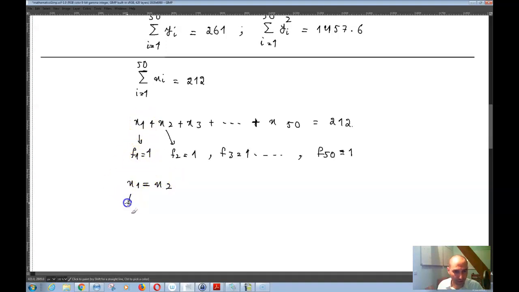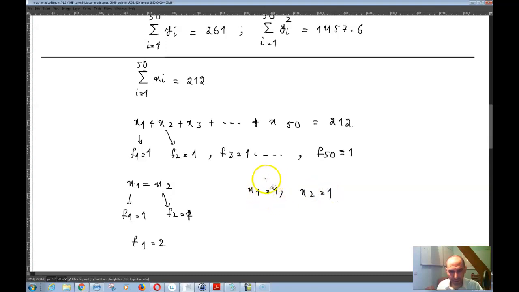Then the frequency of each of these observations is equal to 2, because the frequency of each observation is equal to 1 and both of them are the same values. That means that it's just like some situation like this. For example, let's say that x of 1 is equal to 1 and x of 2 is also equal to 1.